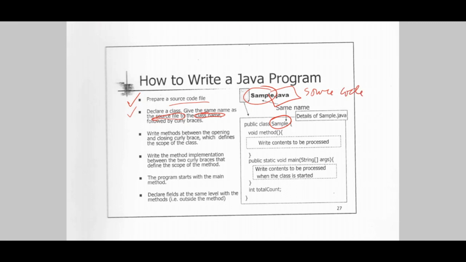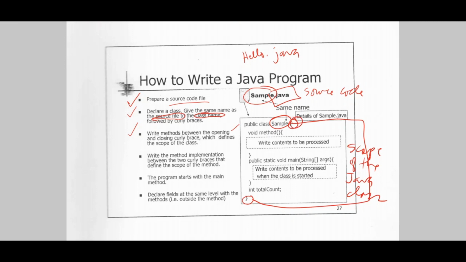Just like in our lecture demo, the Java class name is hello and the file name when we save it is hello.java. Third, we write methods between the opening and the closing curly braces, which define the scope of the Java class.